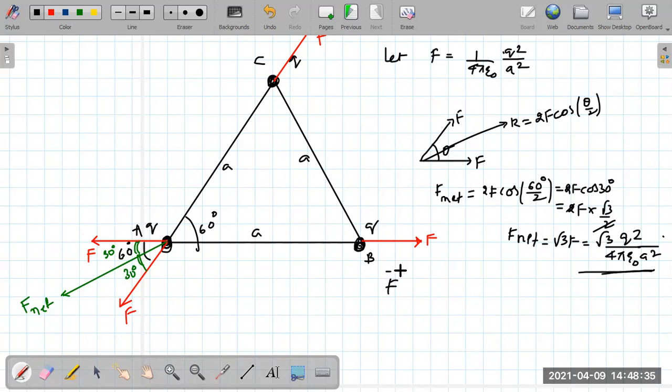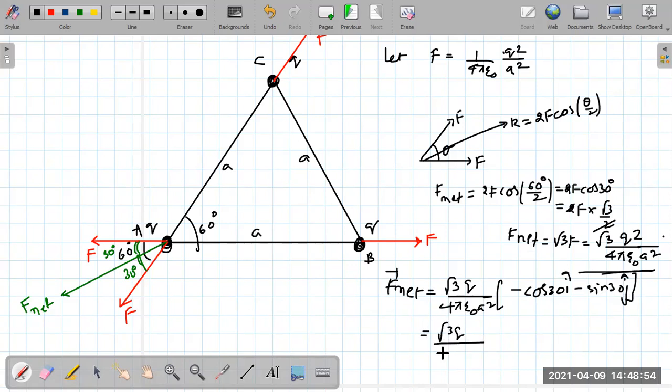So the net force on A, magnitude and direction, is root 3 q square by 4 pi epsilon naught a square times minus cos 30 i cap minus sin 30 j cap, that is, minus root 3 by 2 i cap minus 1 by 2 j cap. This is the answer, the total force on A.